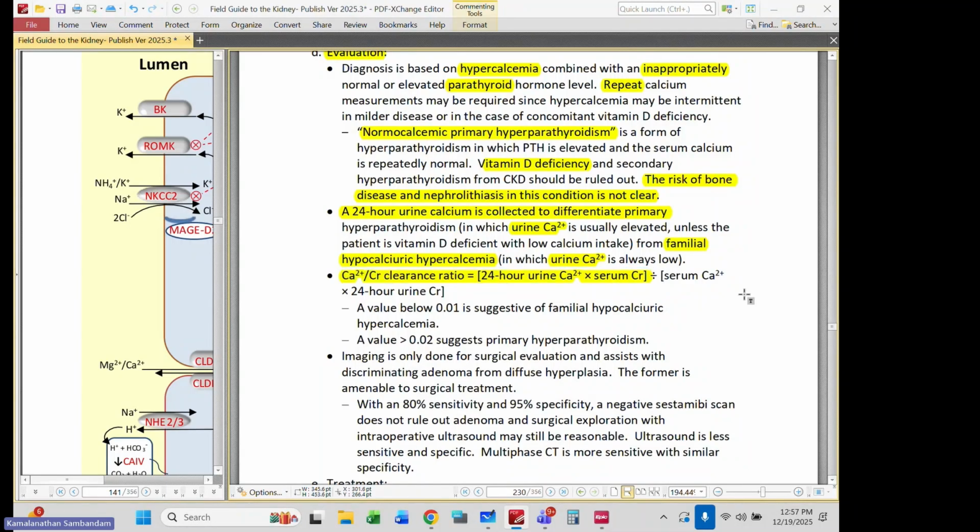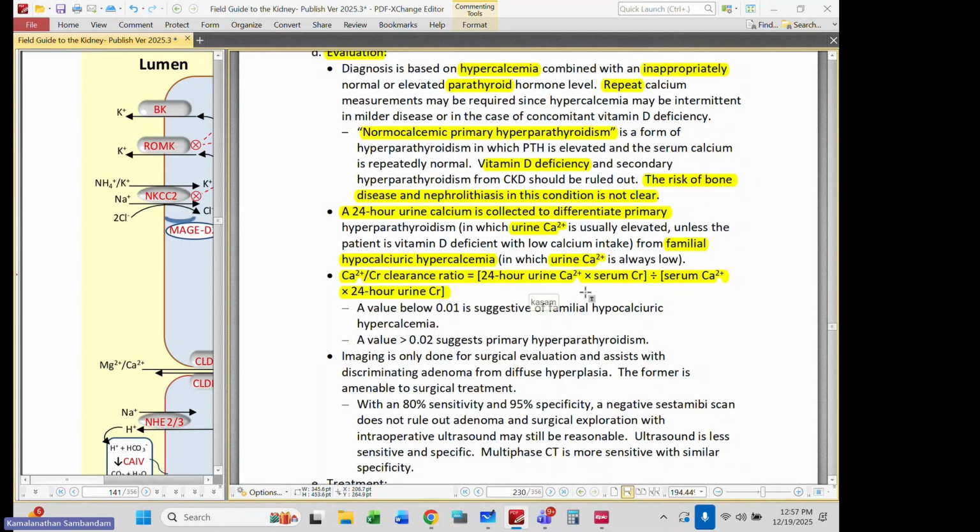This is nothing more than a fractional excretion of calcium on a 24-hour urine test. So if you were to do a fractional excretion of sodium, it would be calculated the same. You're just going to replace the sodium terms with calcium terms. You'll replace the spot sodium terms with 24-hour urine terms. Okay? So this is a recognizable formula.